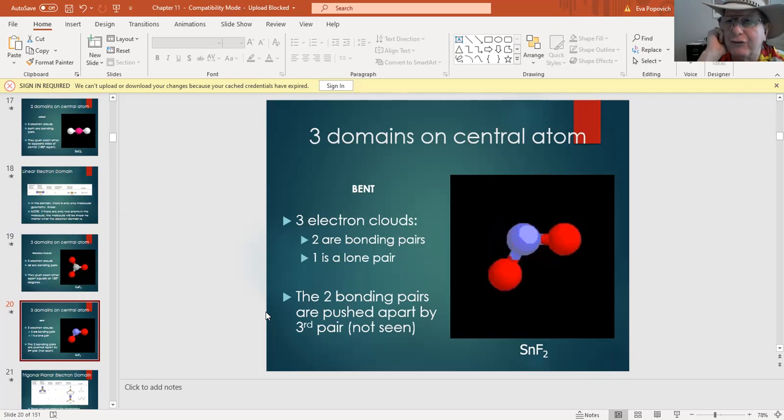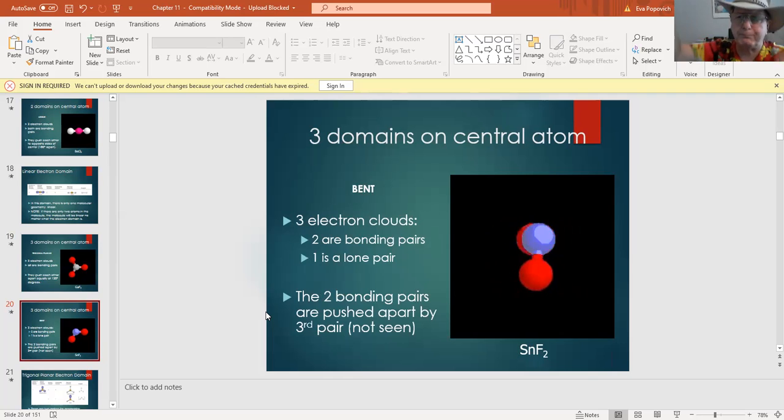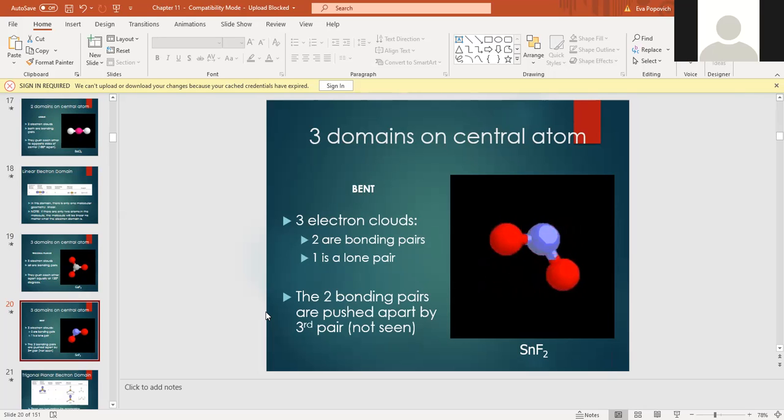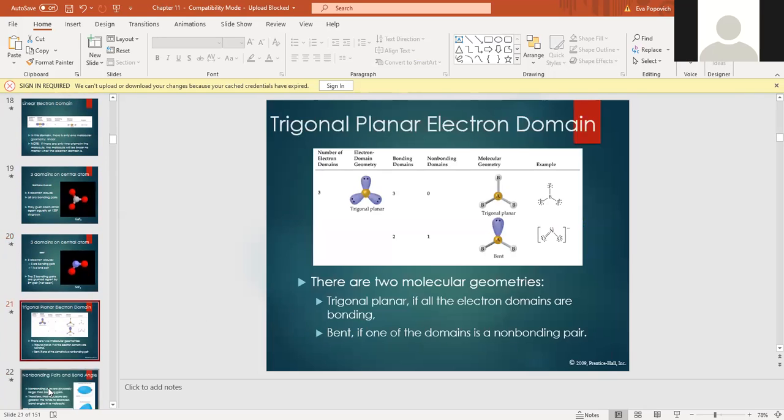Because remember what I said, lone pairs have a little bit more power than bonding electrons. So it's going to push those two red balls down. If it pushes those two red balls down, that makes the bond angle slightly less. Okay. Summary slide. 3 domains.